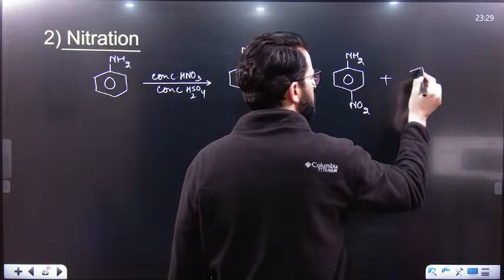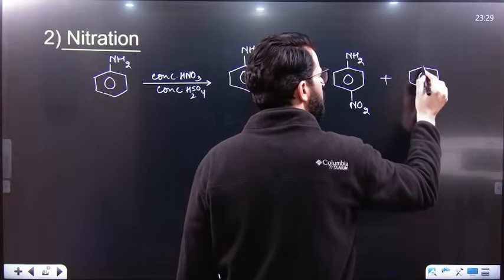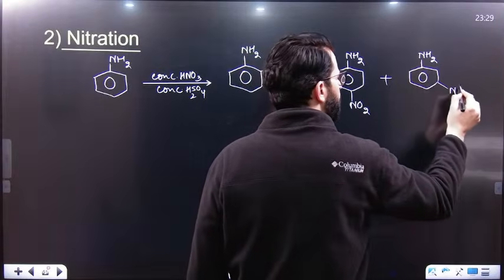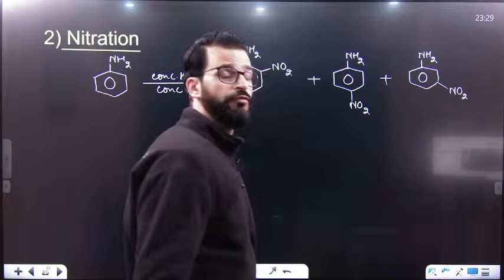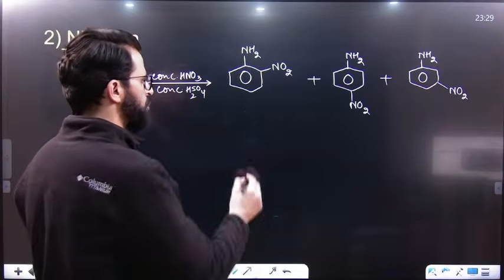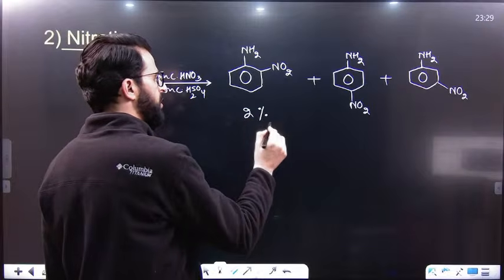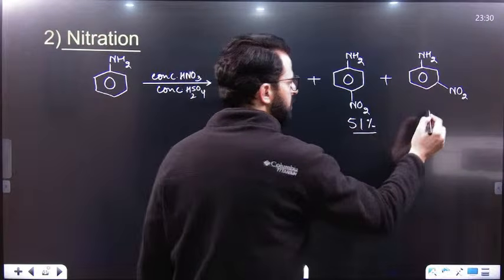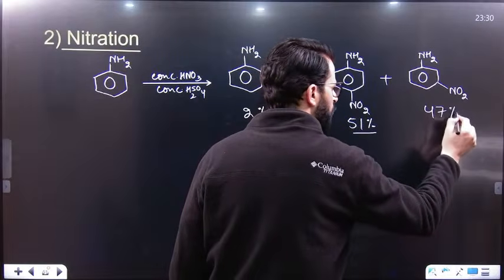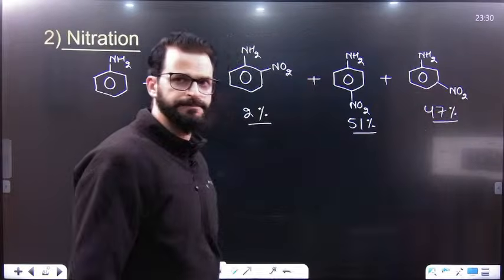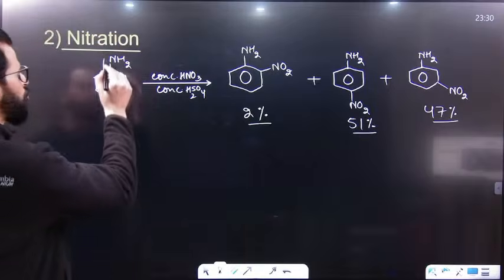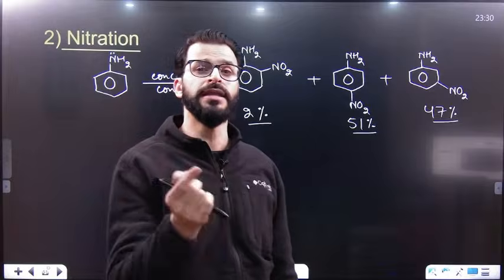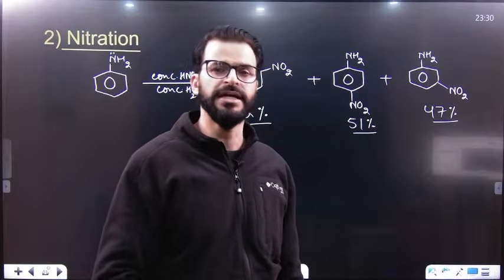Now the question is, why is it so? NH2 was ortho-para directing, then why does the electrophile go to the meta position? And that too, have a look, the ortho is formed only 2%, para is 51% and meta is 47%. That means almost half is the meta product. Remember, NH2 group is ortho-para directing, but NH2 group in acidic medium is meta directing also.